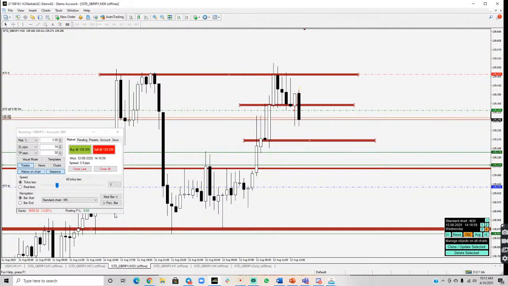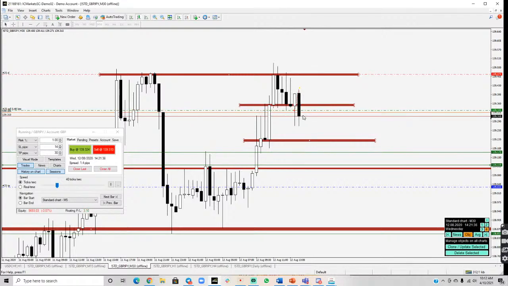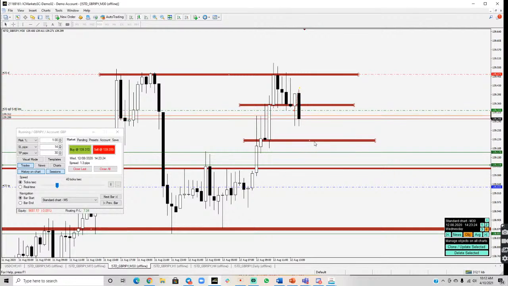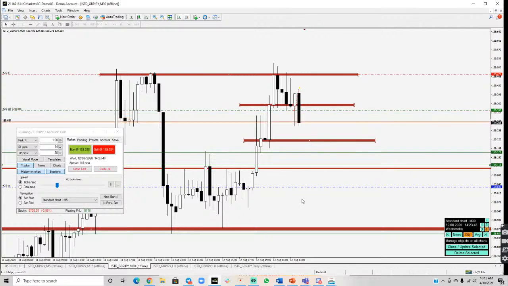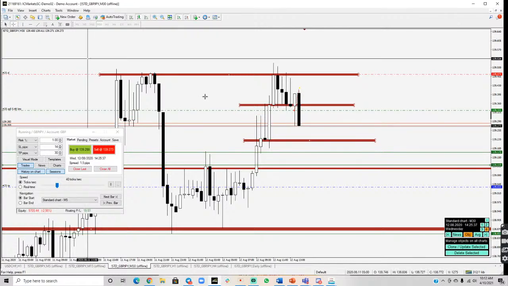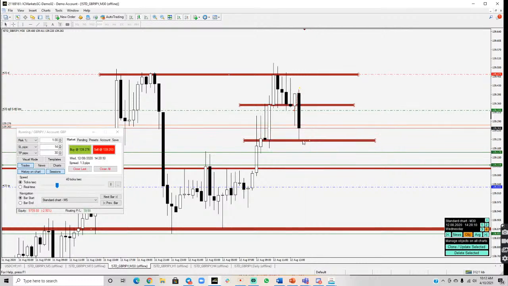As I can see, the market is now pushing price in our direction. So if this closes below here, then we might break through this minor support and continue down. It's like 10, 11 pips.